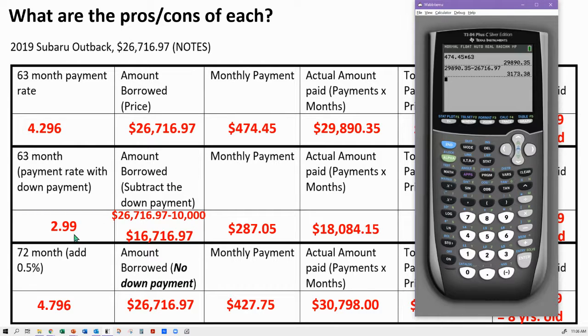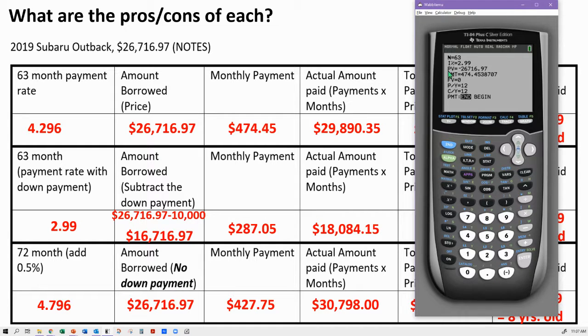For that next one, the interest rate was different, right, for the second option because we had a down payment. So when we went to borrow the money, we had a down payment that we had saved for a long time, and so we only needed to borrow 16,716.97. So if you go back to your apps, finance, TVM solver, still 63 months, but the interest rate is 2.99.